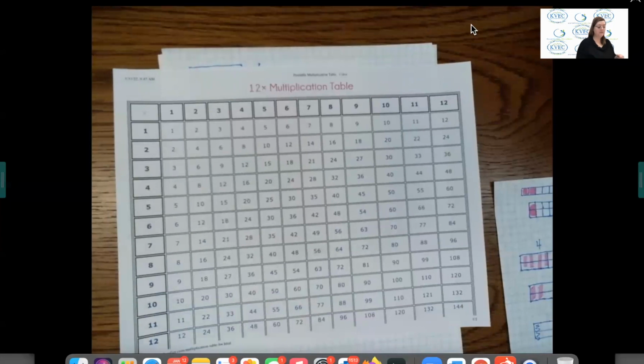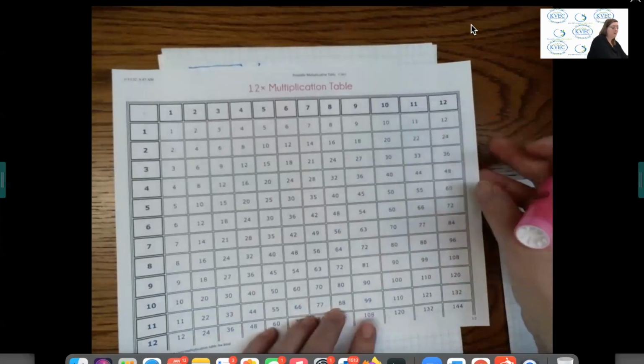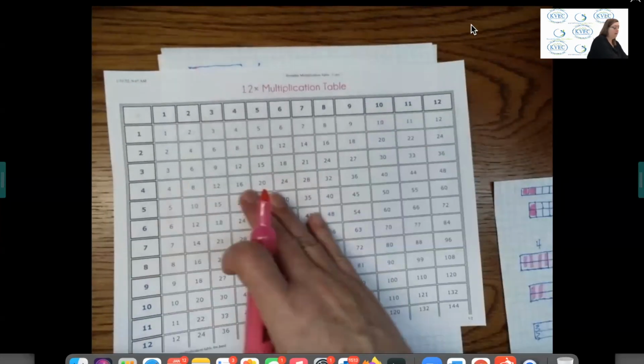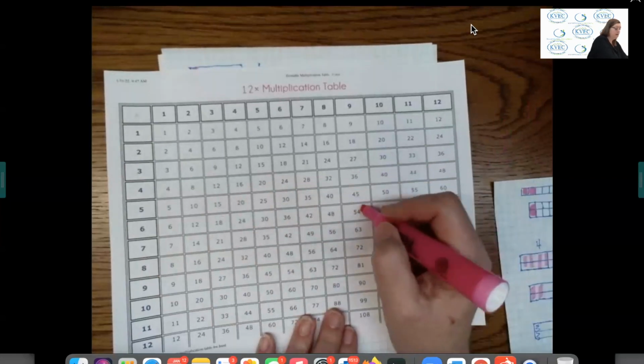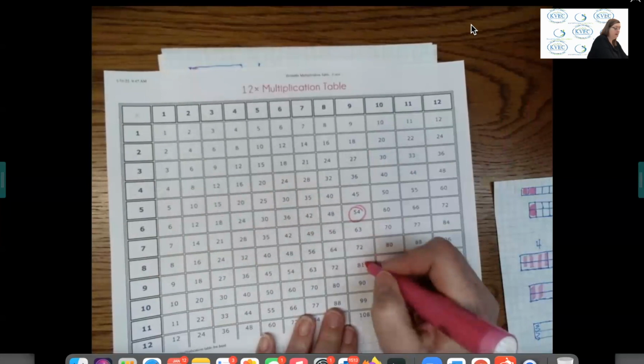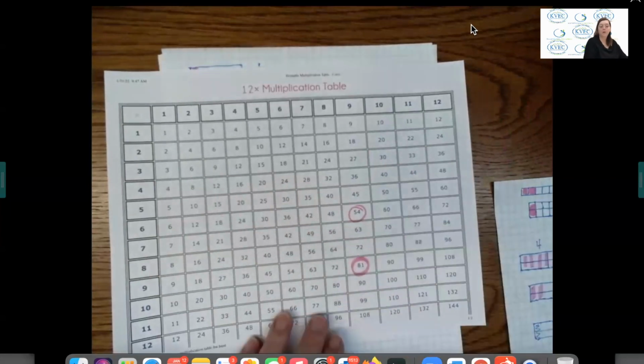So let's do 54/81. So if I'm looking for 54, I'm going to go through here. I'm just going to find 54. Where do I find 54 at? Oh, right here's one. And then 81.